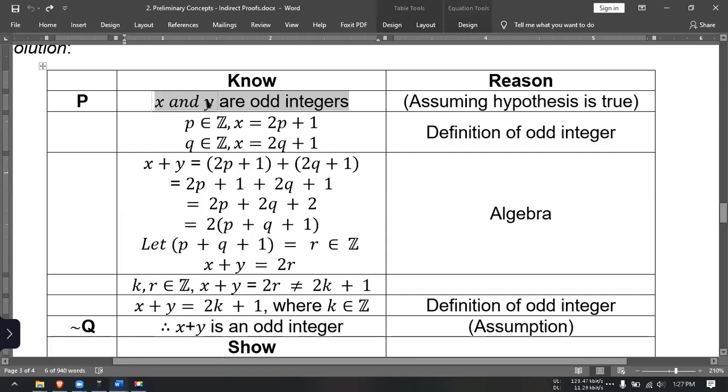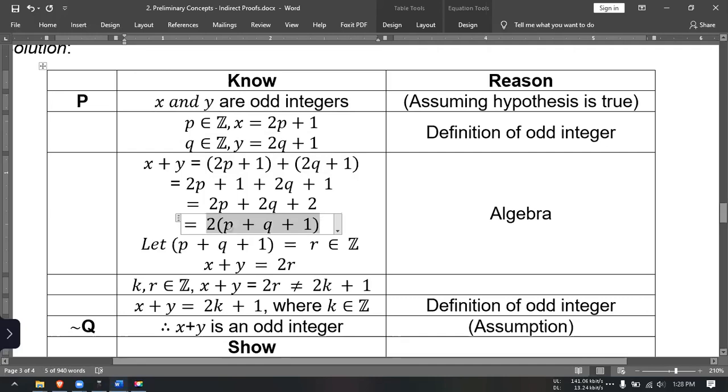From here, there exist p, q elements of z so that x is equal to 2p plus 1, and y is equal to 2q plus 1. Adding x and y will give us 2p plus 1 plus 2q plus 1. And then by algebra, we'll have 2 times p plus q plus 1.